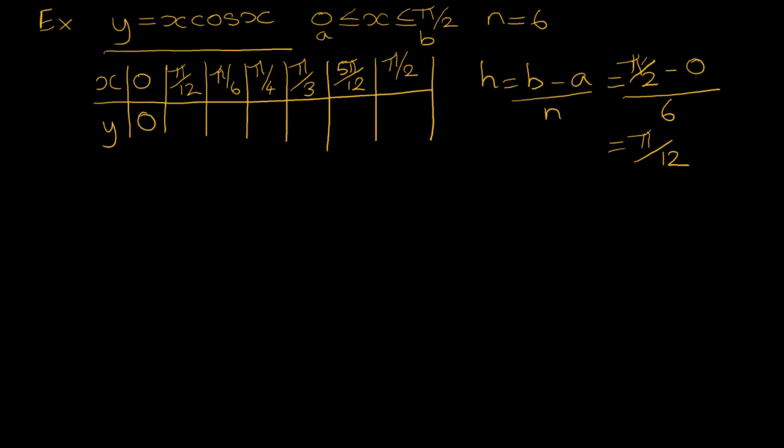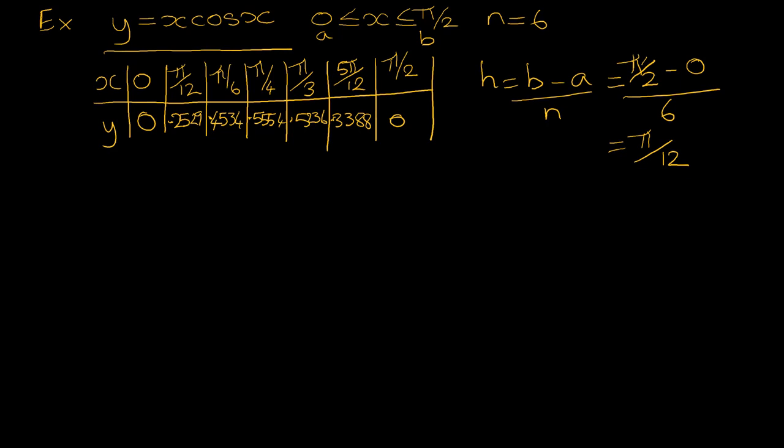So we get 0 here, and then we get 0.2529 here, and 0.4534, 0.5554, 0.5236, 0.3388, and another 0.